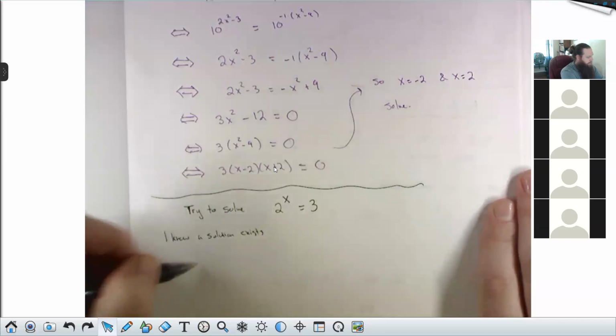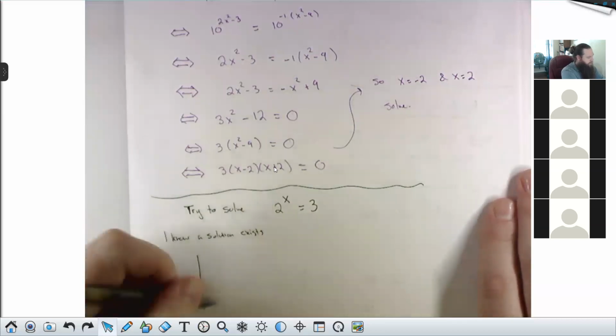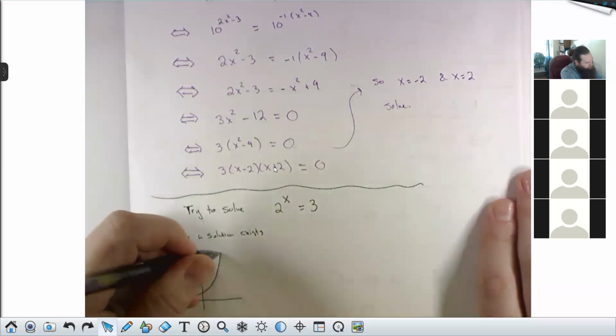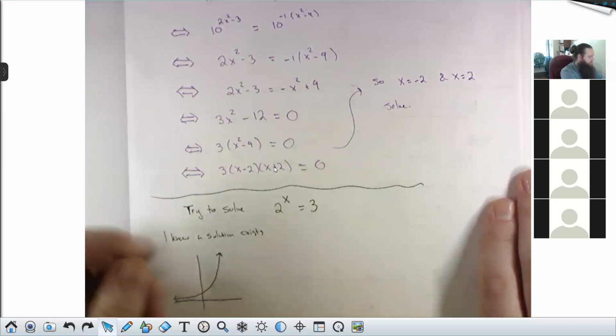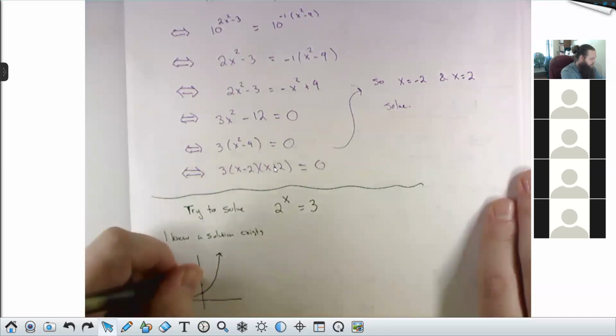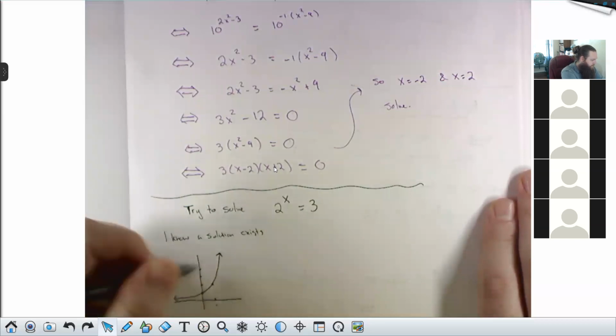It's really the intermediate value theorem that does it, but we can look at the graph of 2 to the x, remember what that looks like. This is 0, 1. Here's 1, 2. Here's 2, 4.